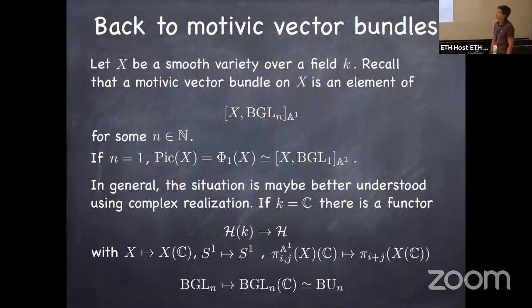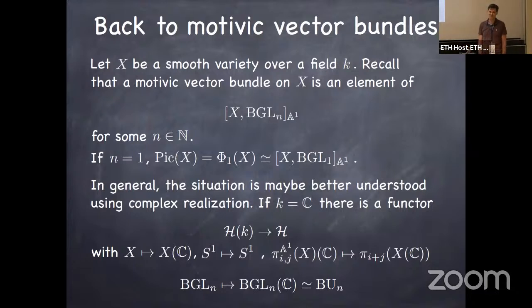So if we want to explain the difference, maybe there is a nice way to do it, which is just to say, okay, let's specialize to a field which is well known, like the complex numbers. And let's try to give a flavor of what motivic vector bundles are. So in case K is equal to C, then the good thing is that there is a complex realization from this weird homotopy category to the usual homotopy category of topological spaces or nice CW complexes, which is not quite mysterious, because if you take a smooth scheme, then you just consider its complex points.